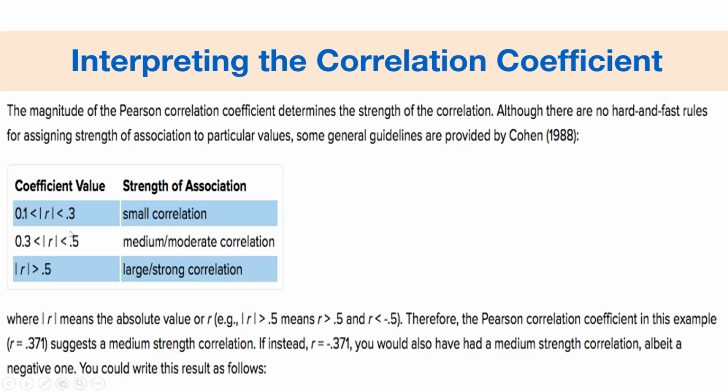If it is between 0.1 and 0.3, the correlation is small. If it is between 0.3 and 0.5, there is a medium or moderate correlation between the variables. And lastly, if the absolute value of your R is greater than 0.5, then there is a large or strong correlation. All right?